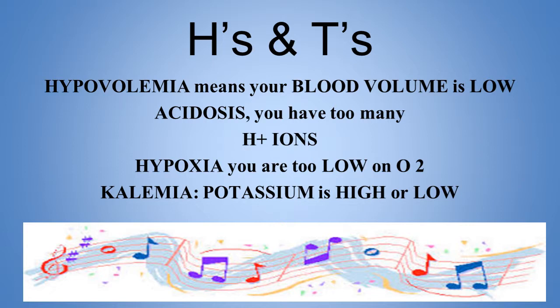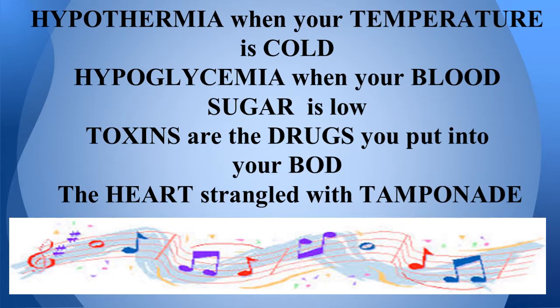Hypovolemia means your blood volume is low. Acidosis, you have too many hydrogens. Hypoxia, you are too low on O2. Hyperkalemia, potassium too high or low. Hypothermia, when your temperature is cold. Hypoglycemia, when your blood sugar is low.